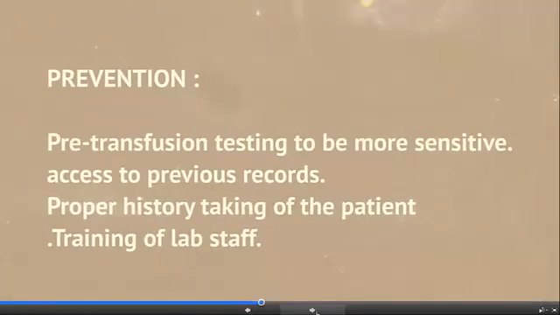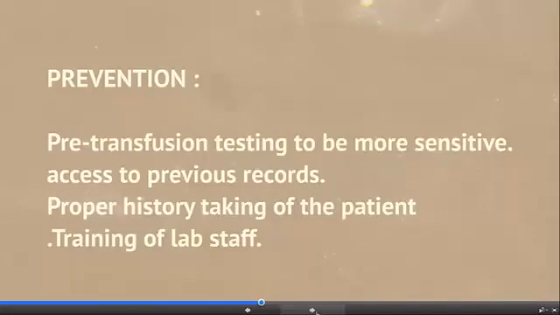How do we want to prevent this from happening? So we need to have pre-transfusion testing which is more sensitive, so it can detect even though the antibody concentration is very low. And also we need to have access to the previous record. Sometimes the patient has been admitted to another hospital, so we could not trace the previous records from there.